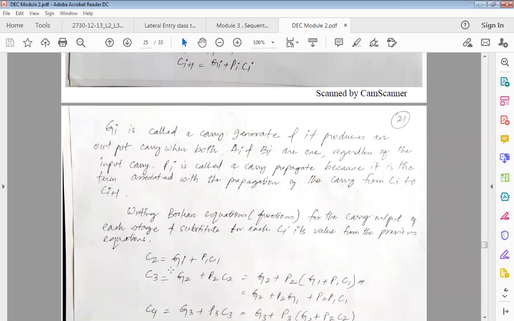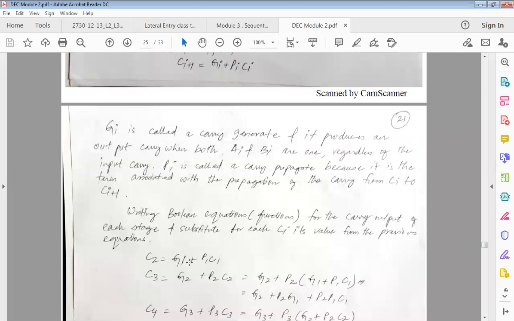Similarly, if I increase the value of I to 2, then 2 plus 1 gives me 3. Similarly, it is G2 plus P2 C2. Now I know that my C2 value is G1 plus P1 C1. So G2 remains the same, P2 also remains the same. C2's value I am substituting here inside the bracket.